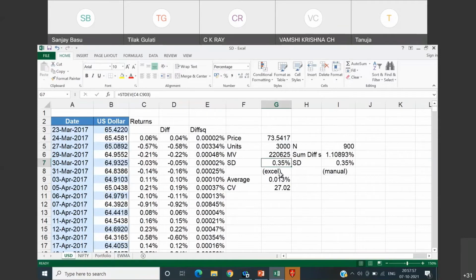Very often what we also do, what is the volatility relative to the mean? So you may say that for equities, my mean return is higher.